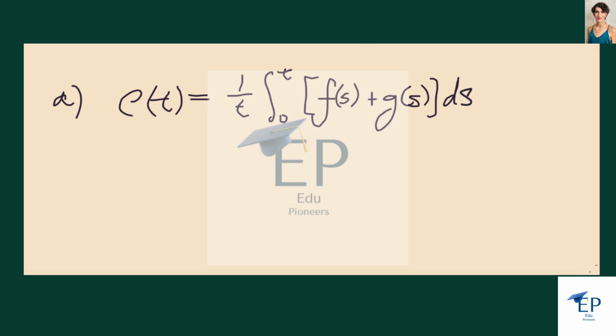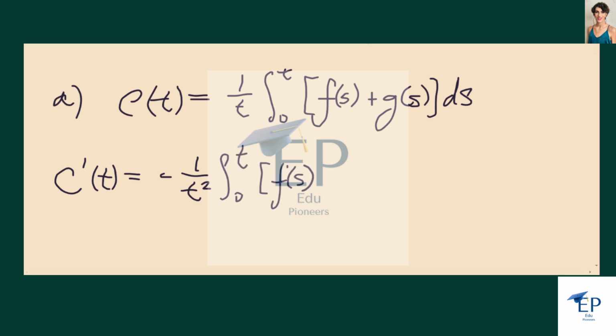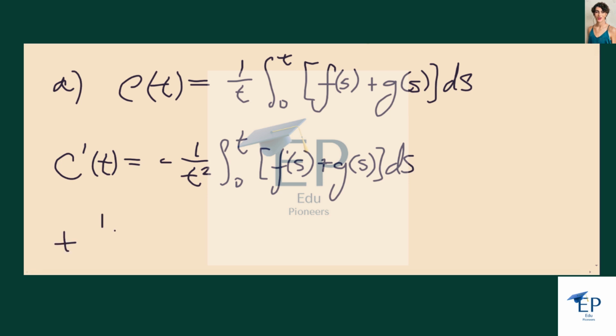Well, to find the critical numbers, first we need to find the derivative c prime of t. We'll do this by using the product rule. So c prime of t is the derivative of 1 over t, which is negative 1 over t squared, times the integral from 0 to t of f of s plus g of s ds, plus 1 over t times, using the fundamental theorem of calculus, the derivative of this integral.